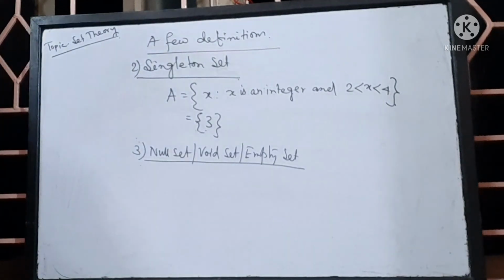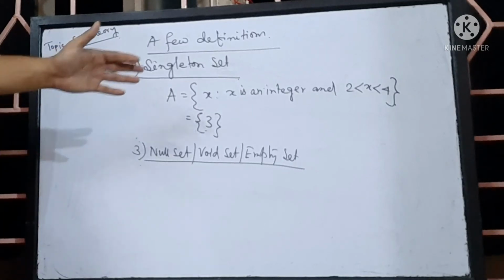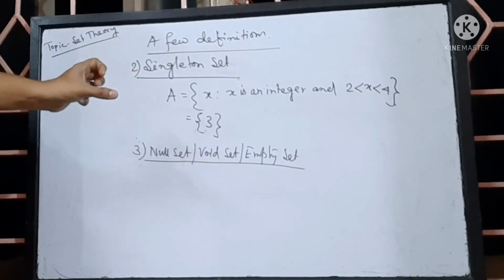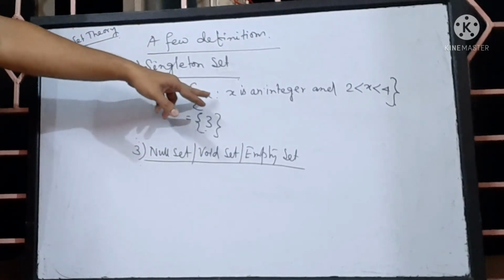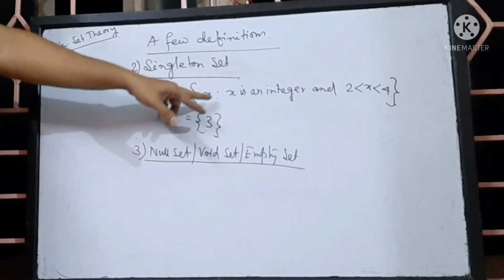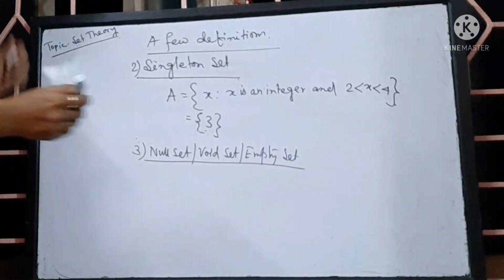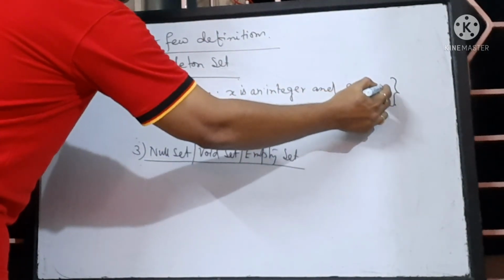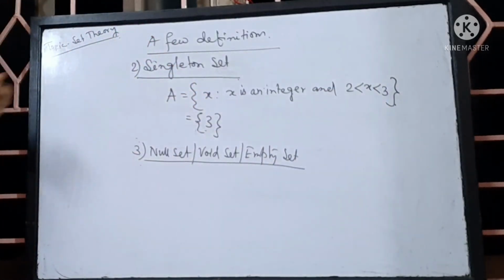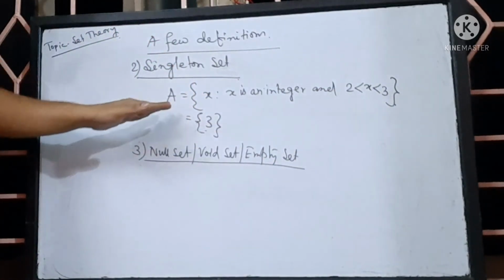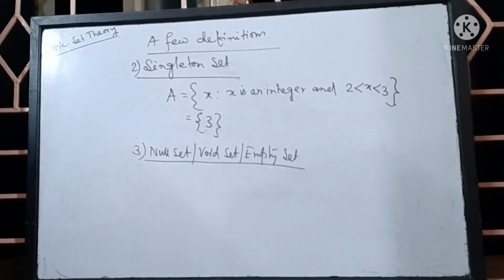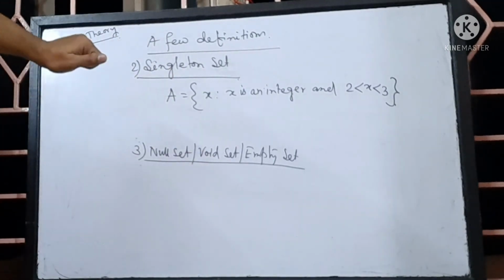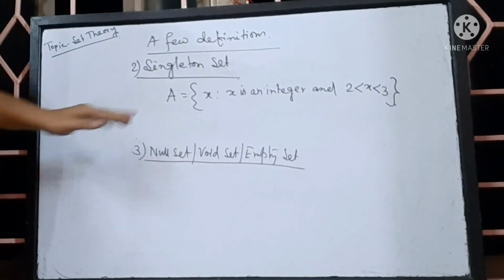In continuation with the Singleton set, if we simply change the definition a little: set of all x such that x is an integer and x lies between 2 and 3, which element belongs to the set A? Here there is simply no element in this set.